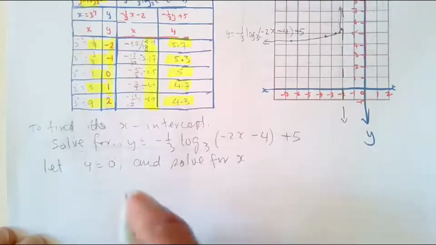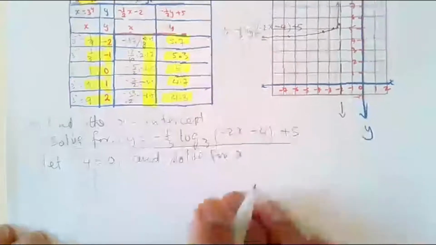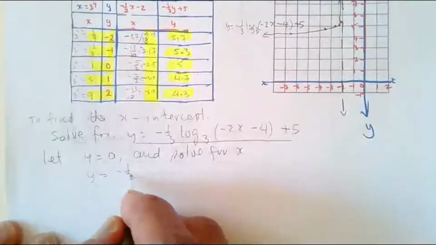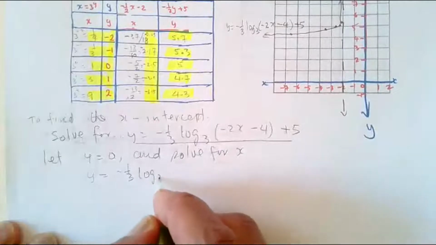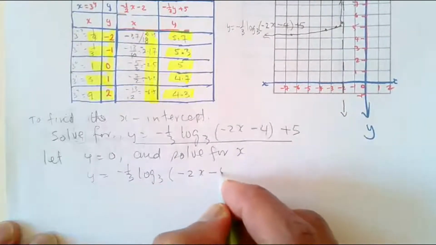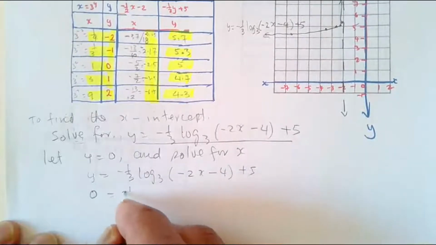So this is our equation, so we will rewrite it here. We have y equal to negative 1/3 log base 3, and y is 0.